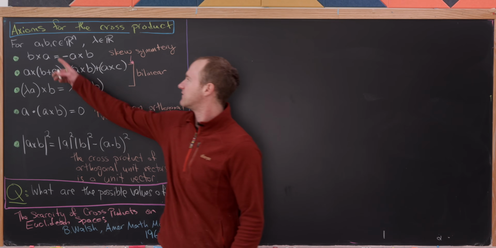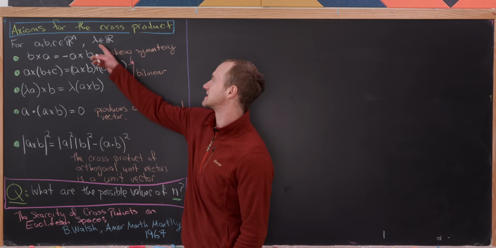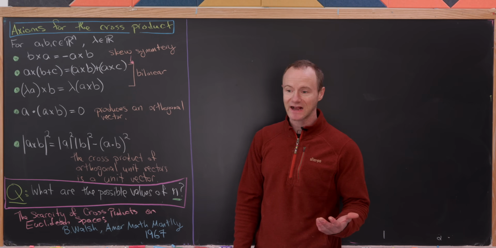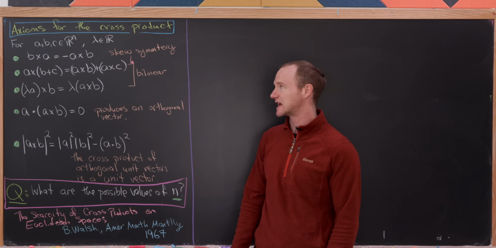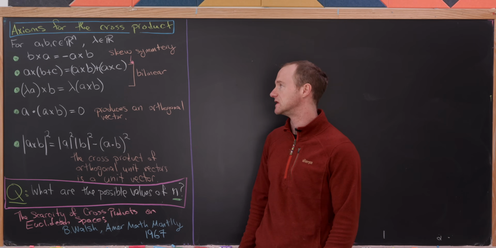So here we've got vectors A, B, and C, which are n-dimensional vectors, and then we've got a scalar, or just a real number, and I'll call this lambda. And so the first axiom that this cross product should satisfy is the so-called skew symmetry axiom, or anti-commutativity.